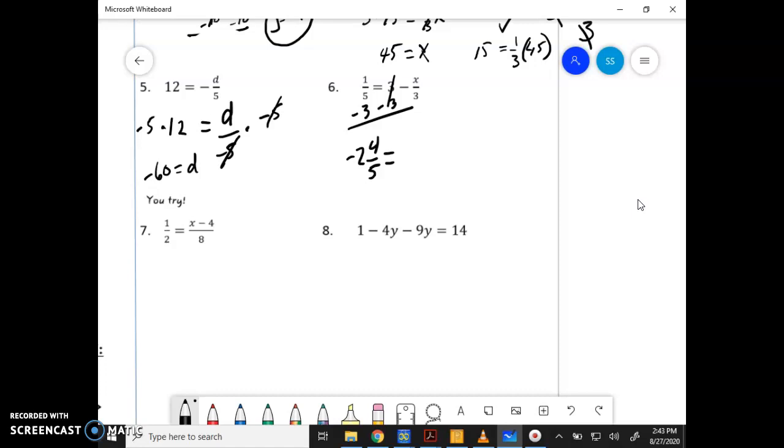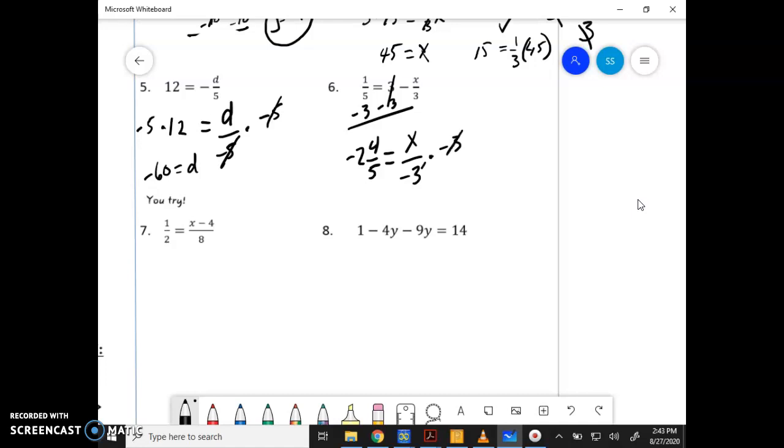All right, now we have negative x over 3 or minus x over 3. Like I said, it's good practice to just put the negative with the denominator. It'll save you some steps later. So if I want to get this out of the denominator, I just need to multiply by 1/3.